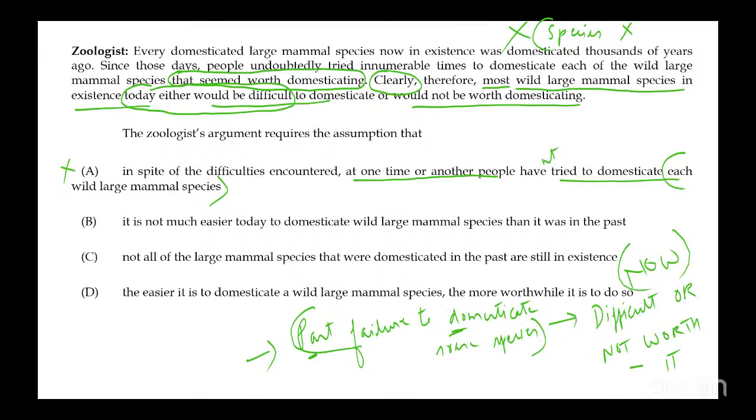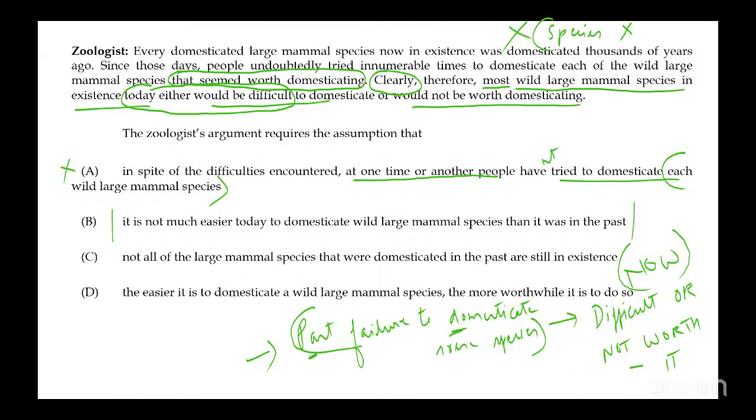Let's look at B. It's not much easier today to domesticate wild large mammal species than it was in the past. So this is really sort of interesting. We said in the past, we may have failed to domesticate those species which we thought were worth domesticating.